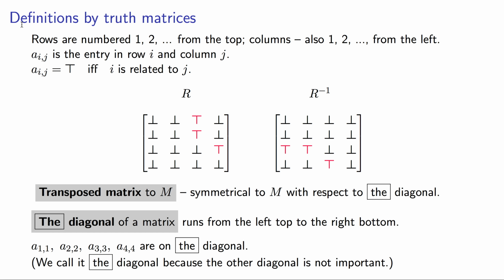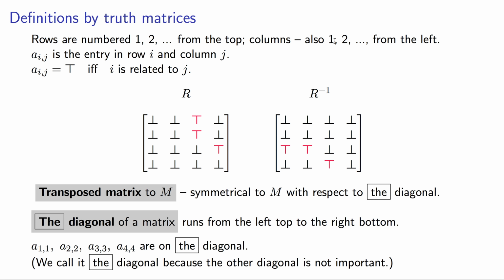And finally, definitions by truth matrices. Recall that in any matrix, the rows are numbered with integers starting at 1, and they're numbered from the top. So this is row number 1, row number 2, row number 3, row number 4.